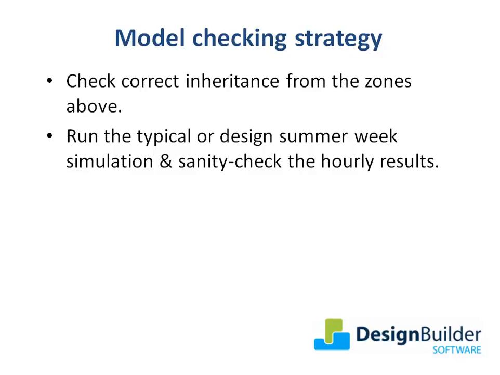Then run the typical or design summer week simulation and sanity check the hourly graphical results. For example, check that the internal gains profiles appear to be correct, that HVAC systems appear to operate as expected, and that fresh air rates are sufficient. Also check that solar gain and shading operation results appear sensible.